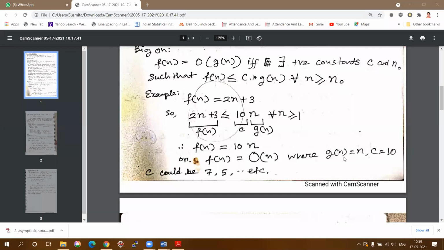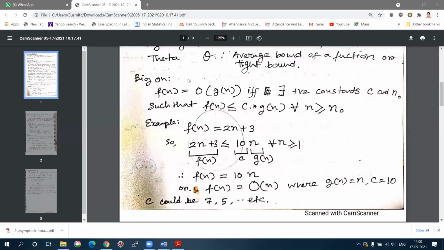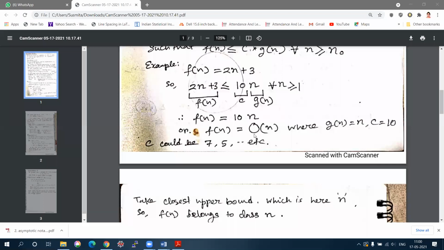So for these two specified terms, our f(n) is always less than or equal to c into g(n), so following this definition we can write f(n) equals order of g(n). The meaning of this definition is elaborately discussed here. So f(n) equals order of n. Clear? Any doubt?